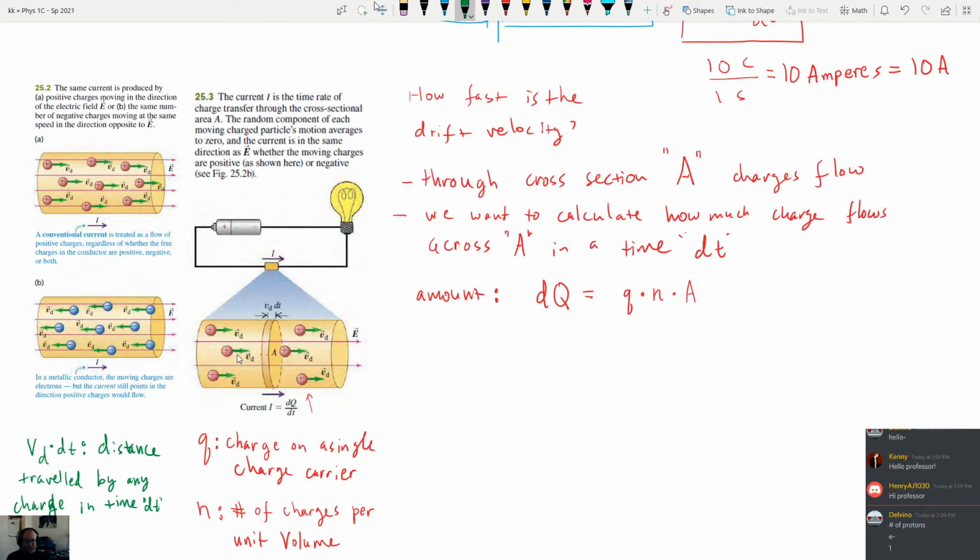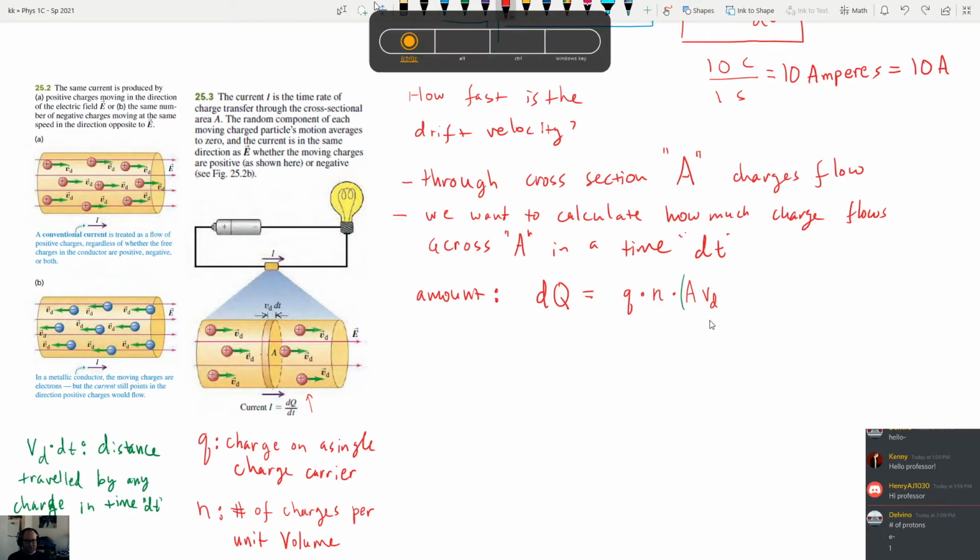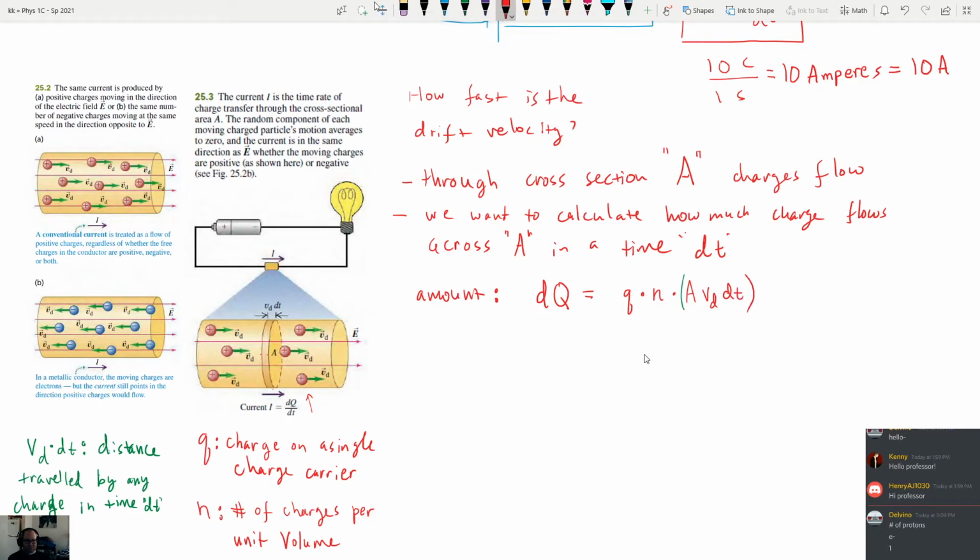Going back to what we were doing, we said we could find the amount of charge that crosses that area by taking the charge on a single carrier, multiplying by the number of charges per unit volume, and then multiplying by the volume, which you said was the area multiplied by the distance, which is the drift velocity multiplied by dt.